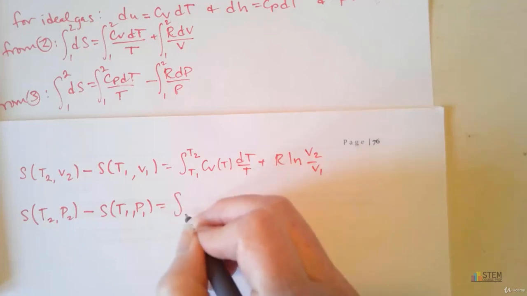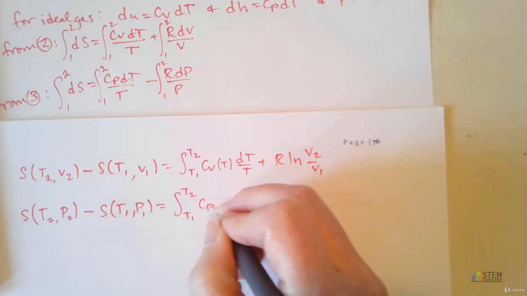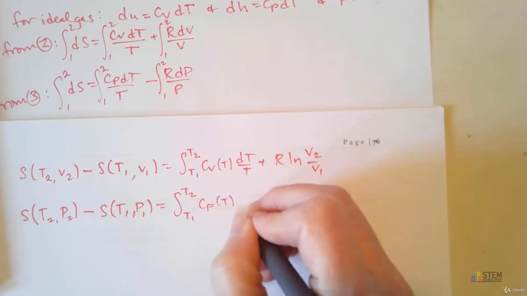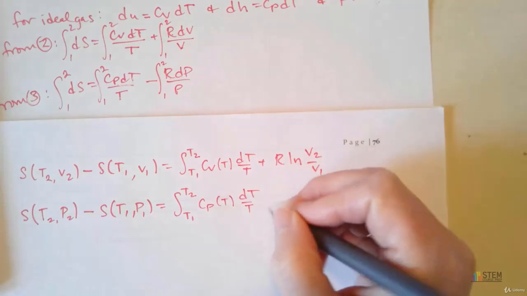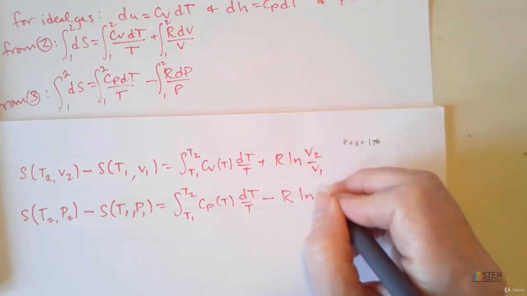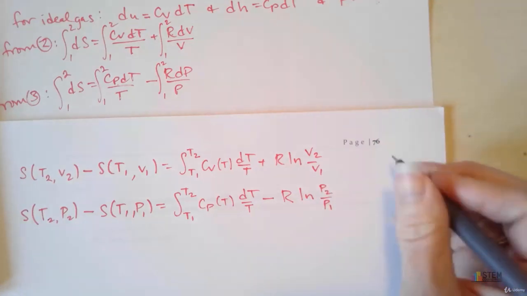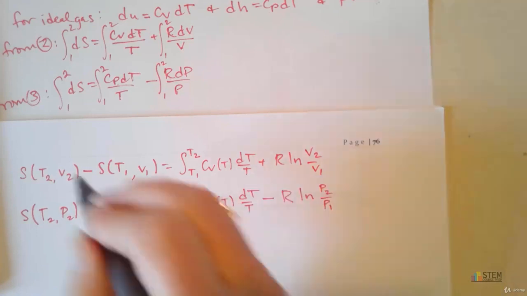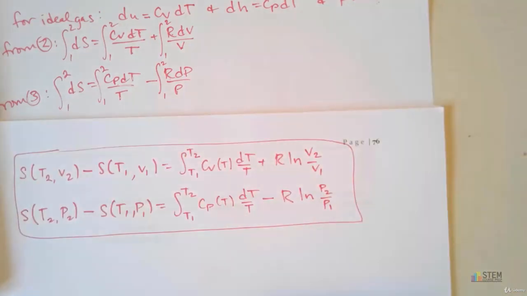That's going to equal the integral from T1 to T2 of Cp, which is a function of temperature, times dt over t minus R times the natural log of P2 over P1. So now we've got that. So let's box this.